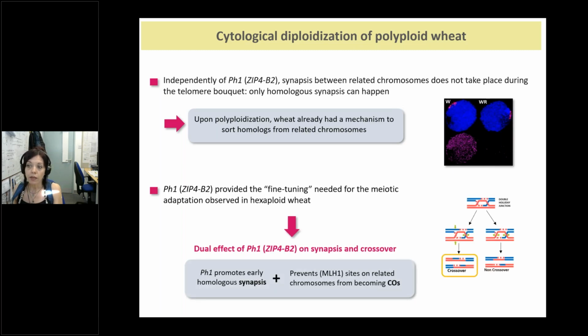So the meiotic adaptation observed in hexaploid wheat probably just needed some fine-tuning, some improvement in the recombination machinery, which Ph1, or we can say now ZIP4, did by first making sure that all homologs synapse early during meiosis, and second, in the cases where there was still some synapsis between related chromosomes, by preventing sites on these chromosomes from becoming crossovers. So consistent with the observation in yeast, ZIP4 in wheat seems to have an effect on both synapsis and crossover formation.